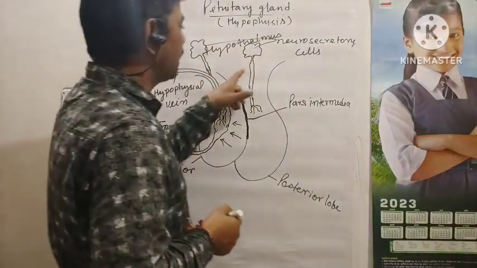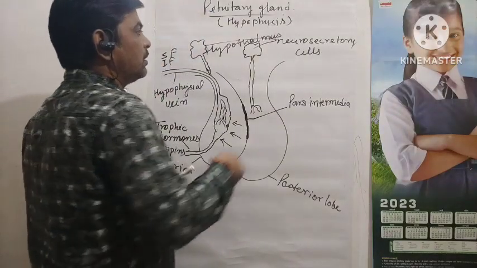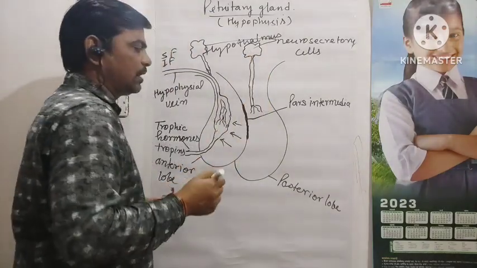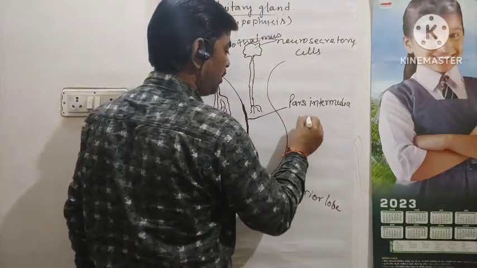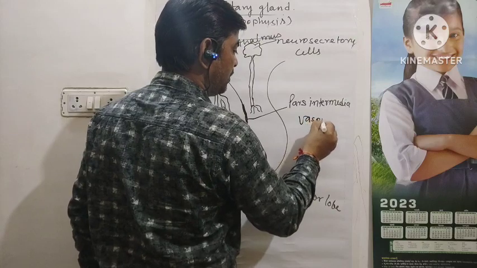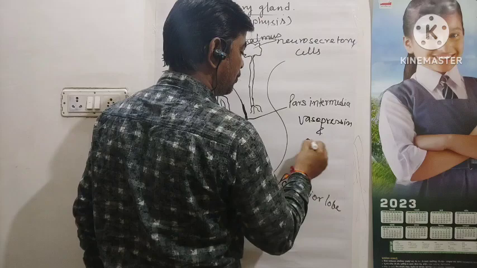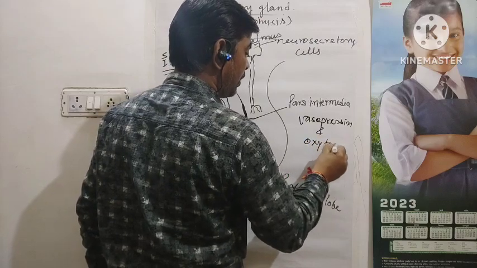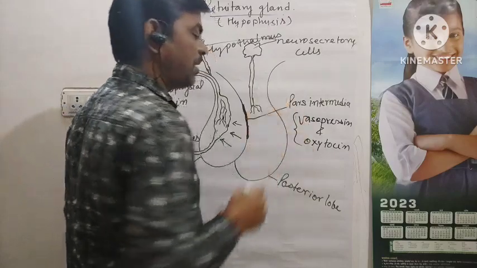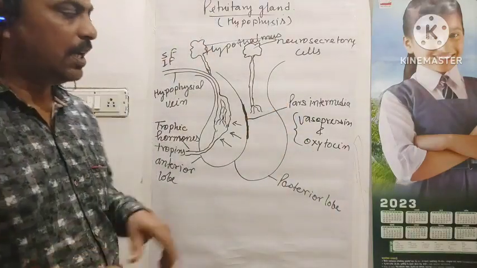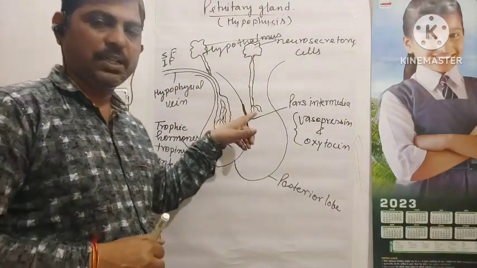Now the posterior lobe of the pituitary gland. Its hormones, vasopressin and oxytocin, are synthesized by the hypothalamus and remain stored in the axon part of these neurosecretory cells.